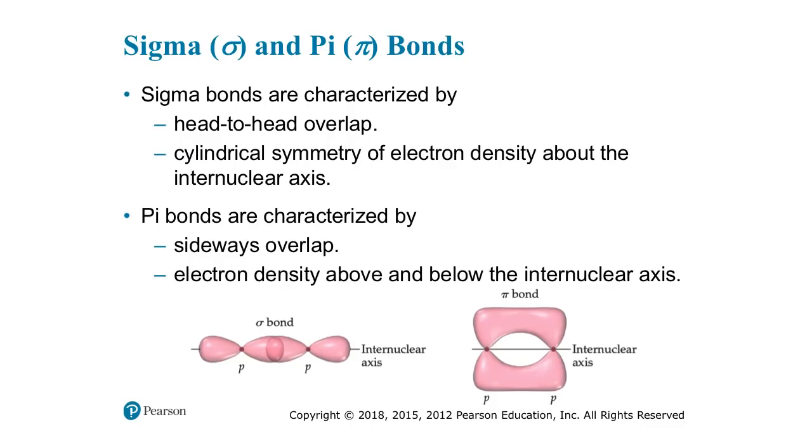So if we were to look at the difference between sigma and pi bonding, a sigma bond is kind of like an s-type bond, a bond that is symmetrical with the bond axis. So if you imagine the bond axis, our bonding in this region here is symmetrical about the bond axis. That's what we call a sigma bond. Then a pi bond is kind of like p-type orbital bonding.